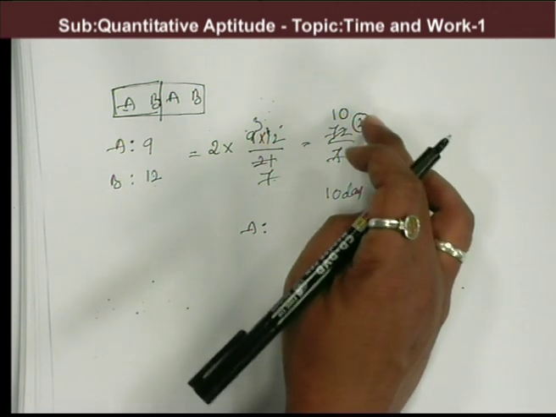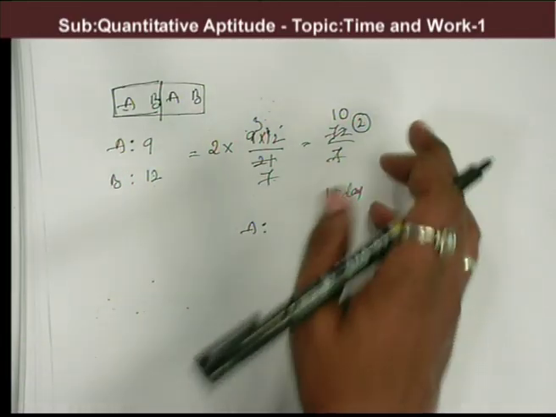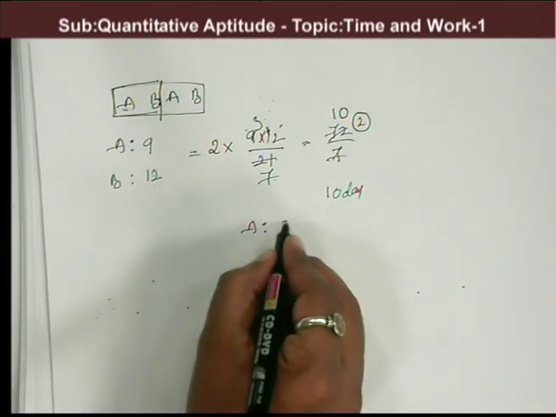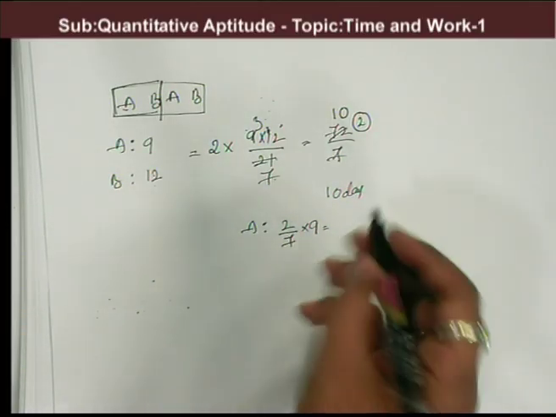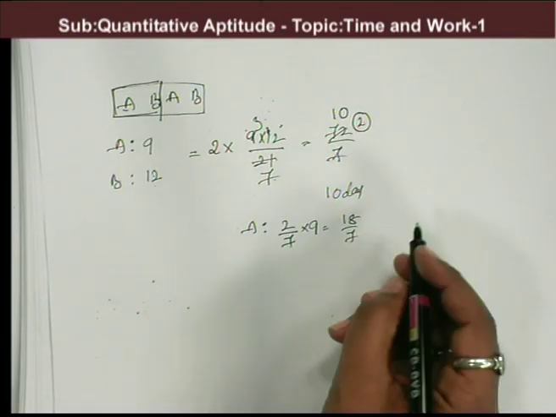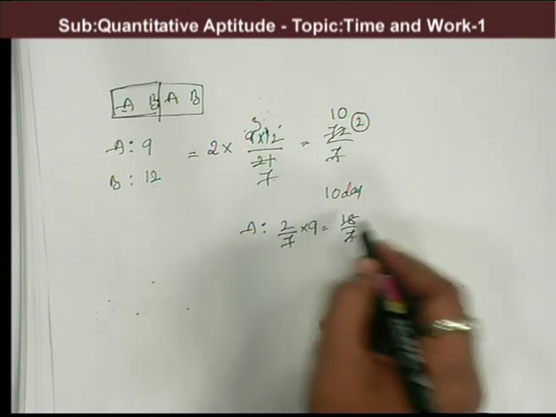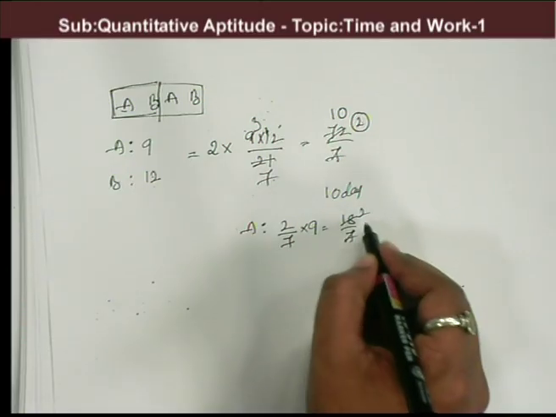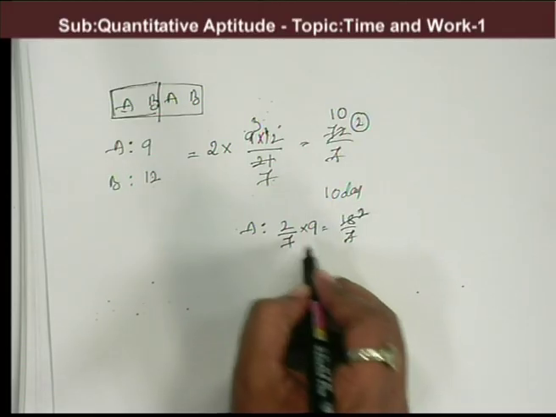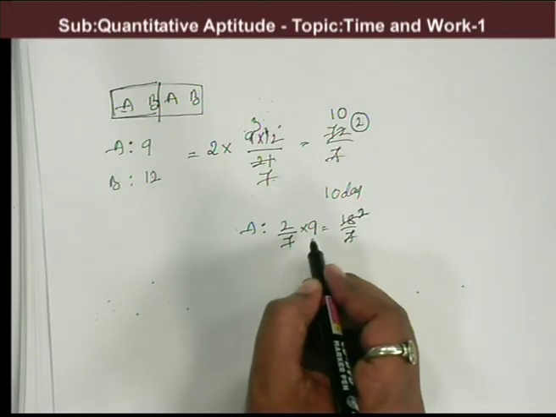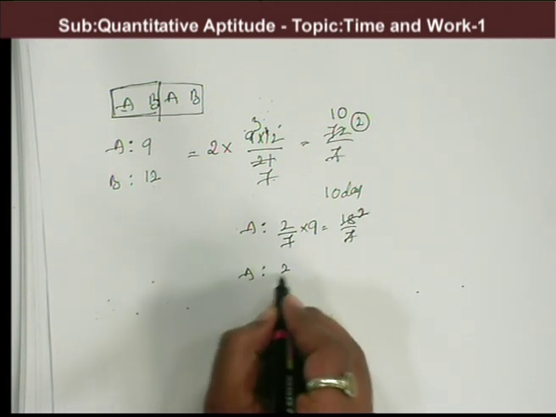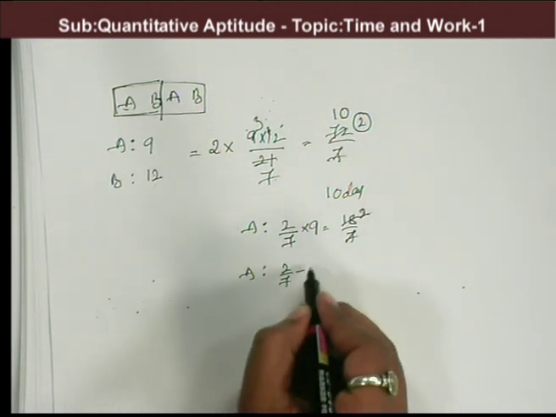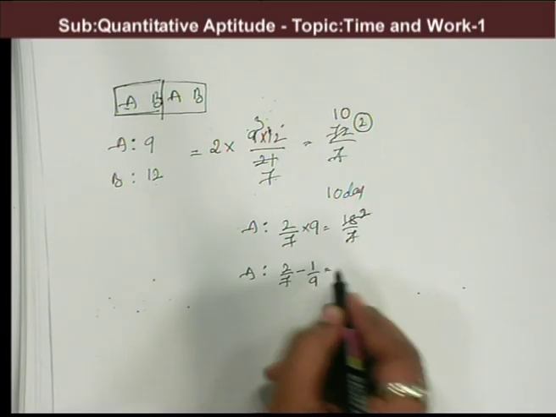Out of 7 days, 2 days of work remains. 2 by 7 for the 9 days, that is 18 by 7, but for 2 days A is not doing the work, only 1 day. So A takes 2 by 7, and 1 by 9 of work is completed.